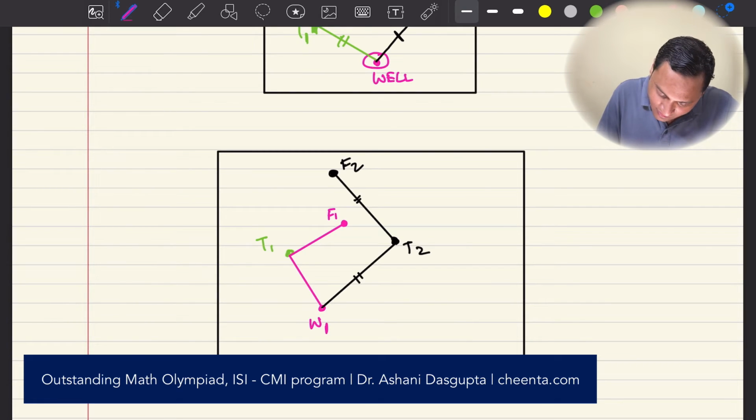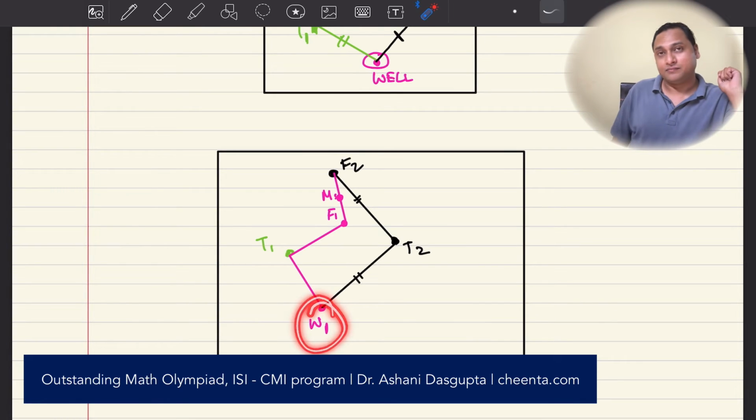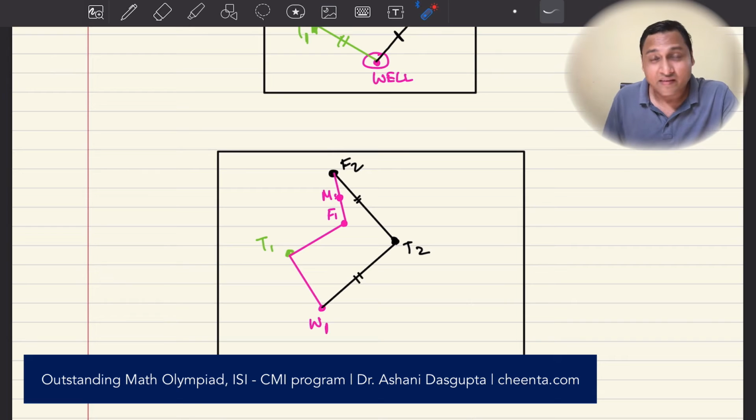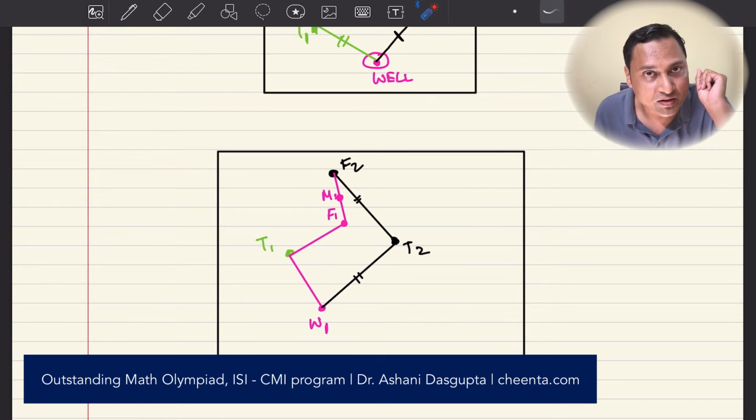And then he joins F1 and F2, and of course M is the midpoint, M1. So if the well was here, that's a very big if. There are infinitely many positions of the well. If the well is here, then M1 is the position of the treasure.